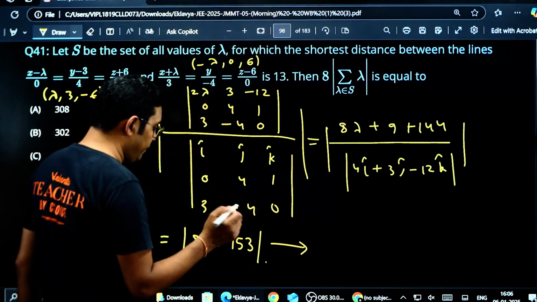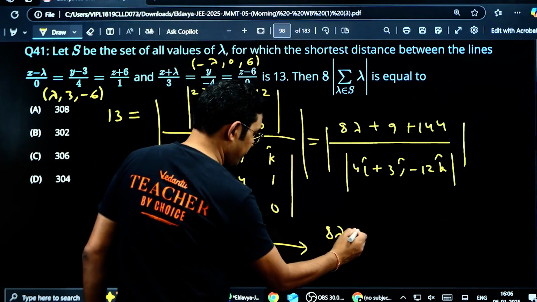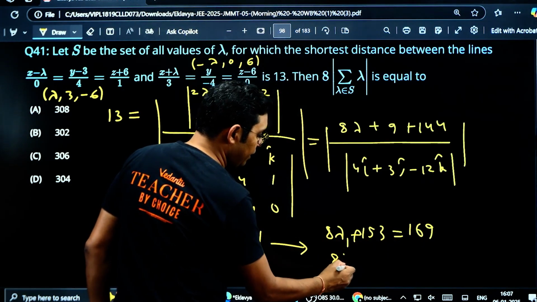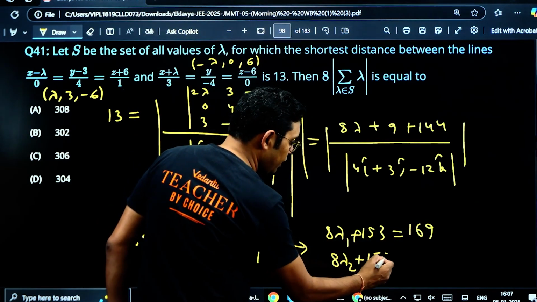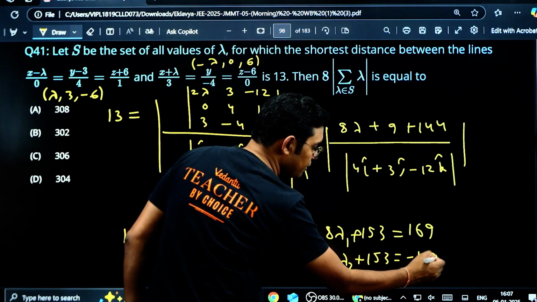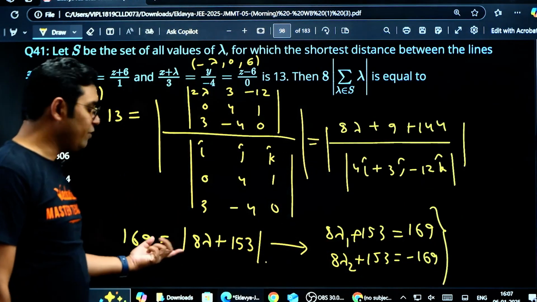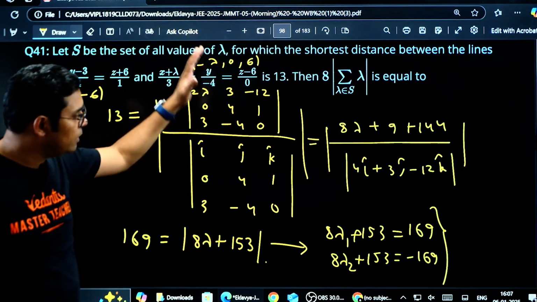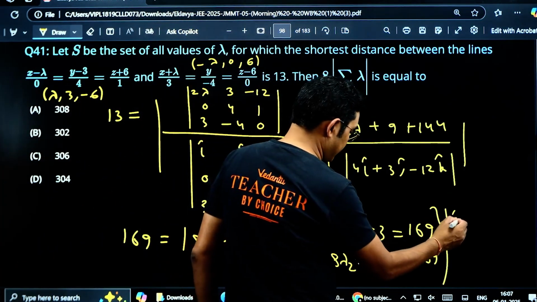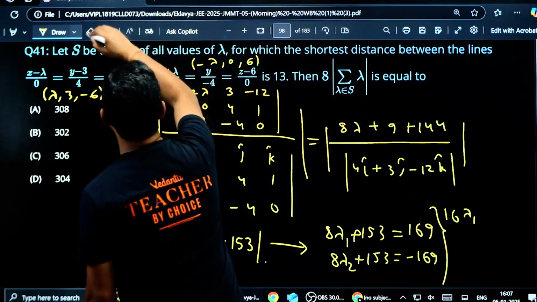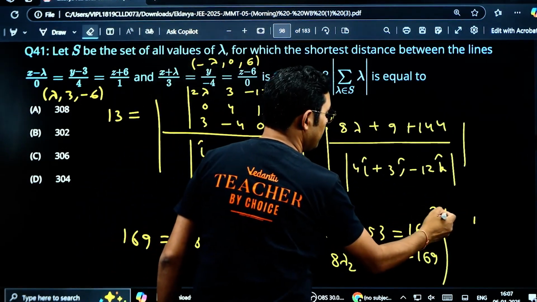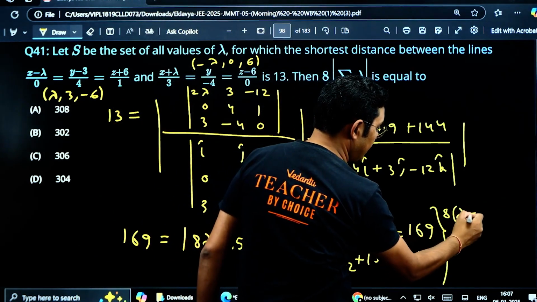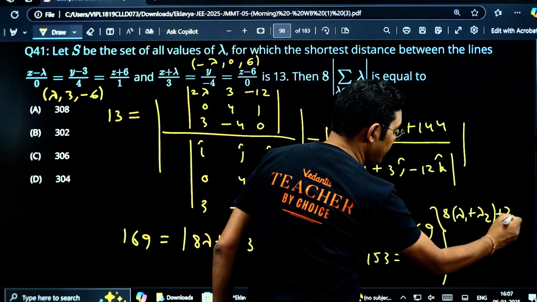I will do it a little differently. We can write 8 lambda 1 plus 153 is equal to 169 for one value, and 8 lambda 2 plus 153 is equal to minus 169 for the other. For one value we need to open the mod with a plus sign, for the other with a minus sign. Now we have to get the sum of these two. If you add these two, you get 8 times (lambda 1 plus lambda 2) plus 306.